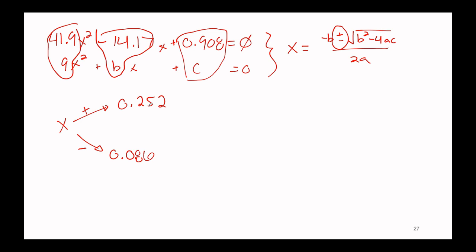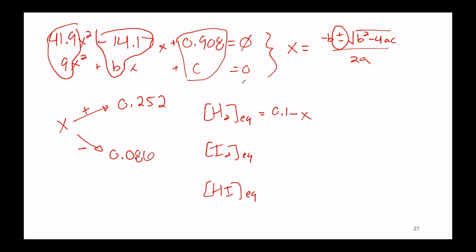Well, the easiest way to figure that out is to go back and remind ourselves what we were solving for in the first place. We were solving for concentration of H2 at equilibrium, concentration for I2 at equilibrium, and concentration for HI at equilibrium. And the first equation was 0.1 minus x.